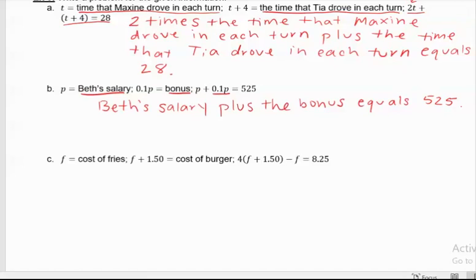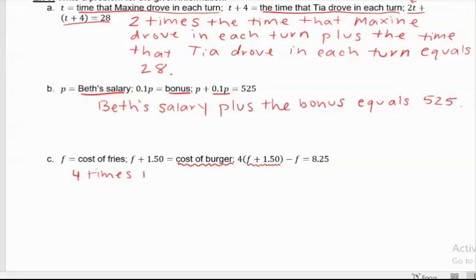And then the last one here, I have F equals cost of fries. F plus 1.50 equals the cost of the burger. And then I have an equation over here. Now, instead of writing out F, I'm going to write out what the context is. So I don't have anything for 4 times something, so I'm going to write 4 times. Now, instead of F plus 1.5, I know that equals the cost of the burger.